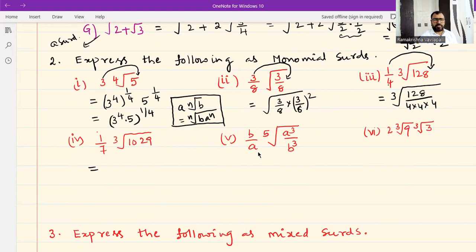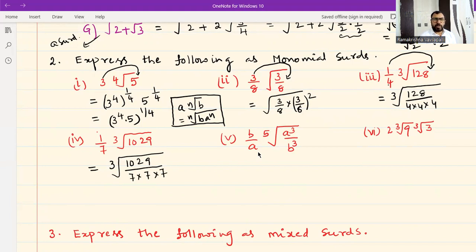Now here you can simplify this, 1 by root 7 into cube root of 1029. So cube root of, I can take inside that this is 1029 by 7 has to be taken inside. So this is 7 into 7 into 7.